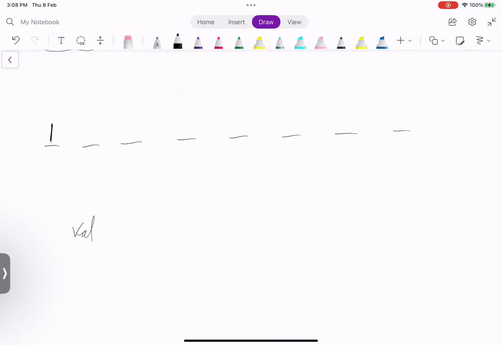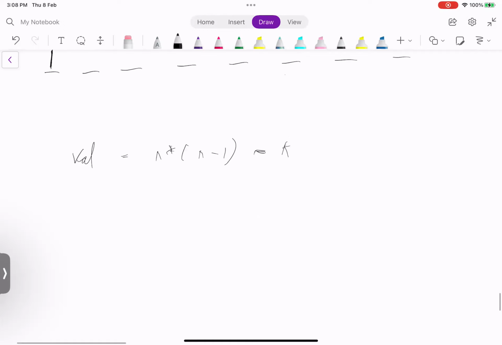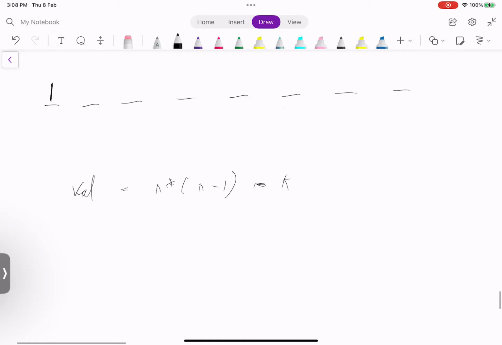firstly, whatever value we got, value is nothing but n into n minus 1 minus k. So whatever value we got, this value should be greater than or equal to n minus 1. In case value is lesser than n minus 1, we can say it's impossible to construct such a permutation.